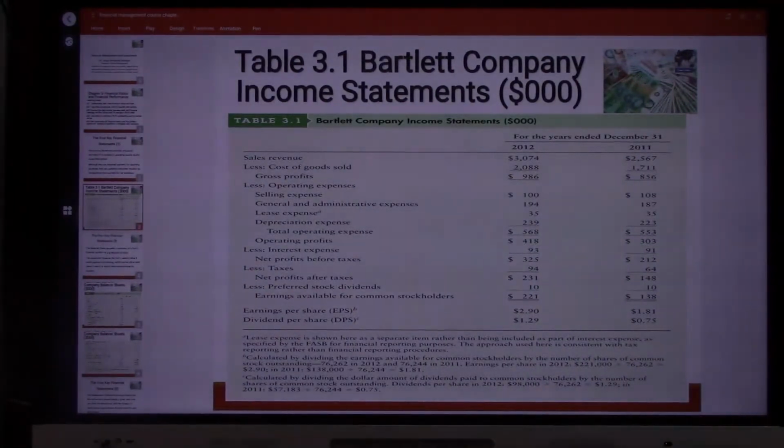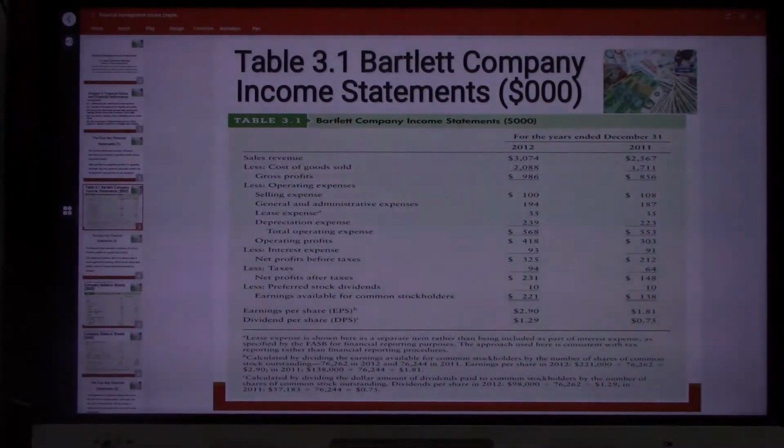Here is the standard form of a specific income statement. As you see, it starts with sales revenue minus cost of goods sold. This will give us gross profits. Then all types of operating expenses, such as selling expenses, general and administrative expenses, lease expense, and depreciation expense.